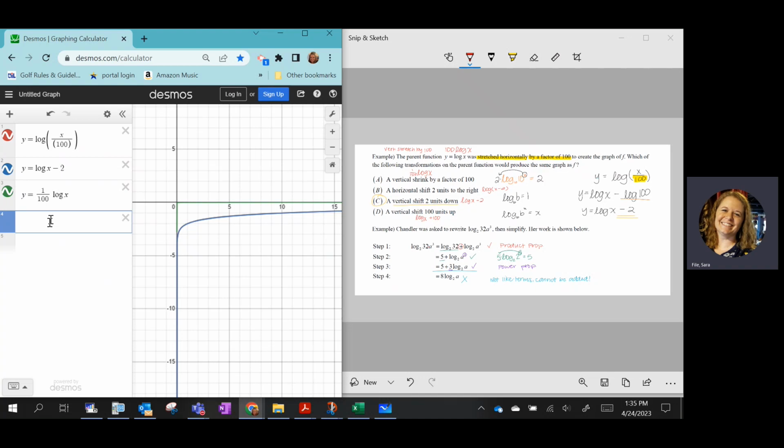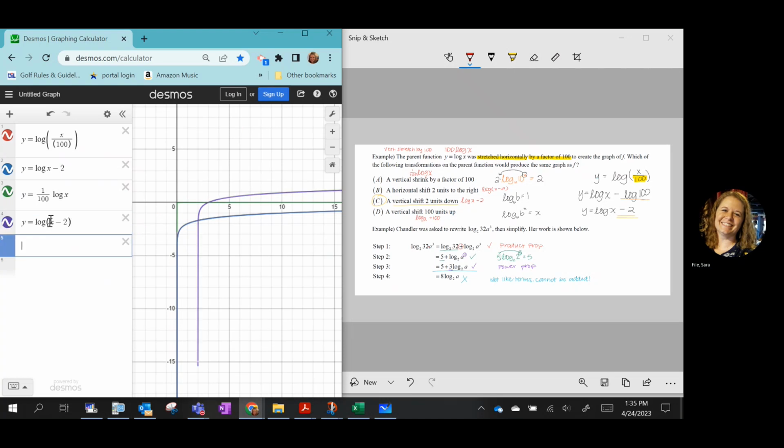And then B would have been the log of x minus 2. And D would have been log of x plus 100.